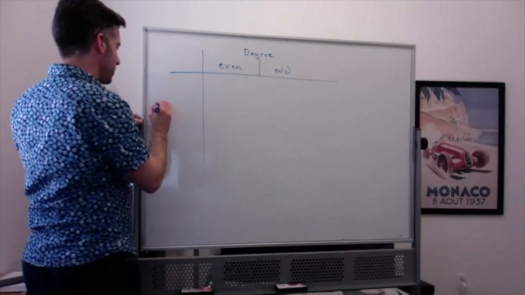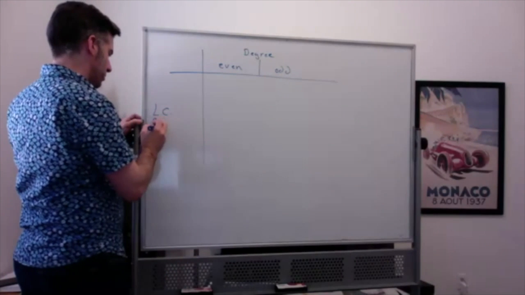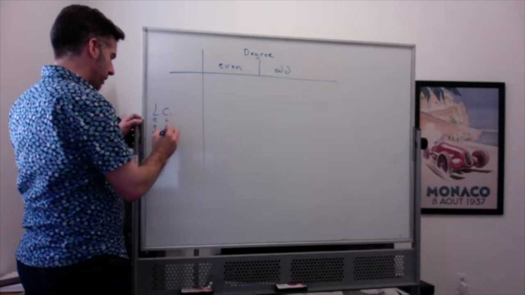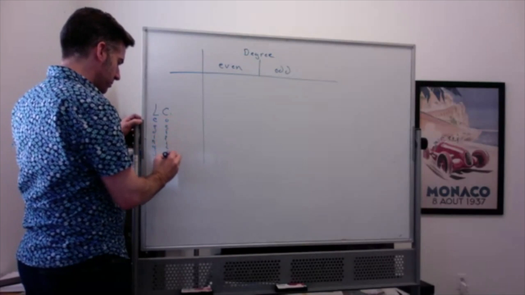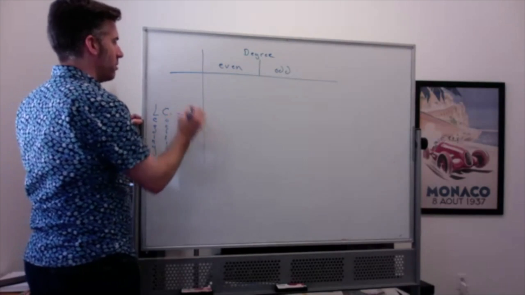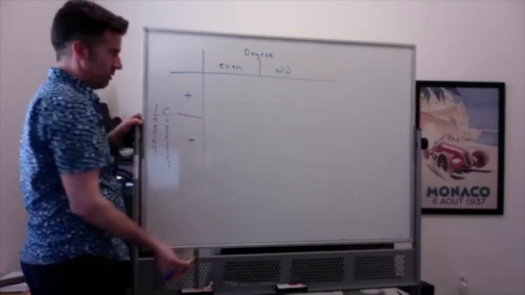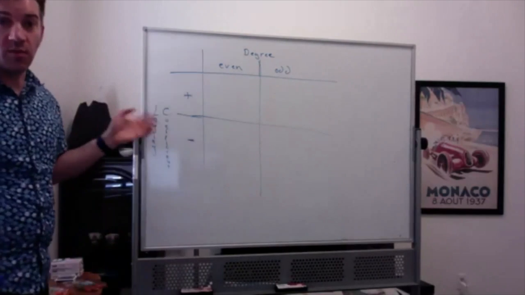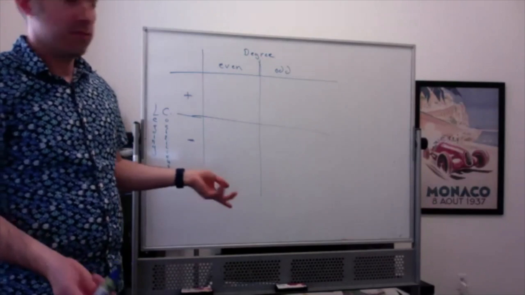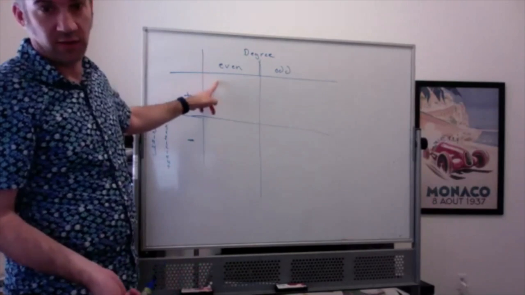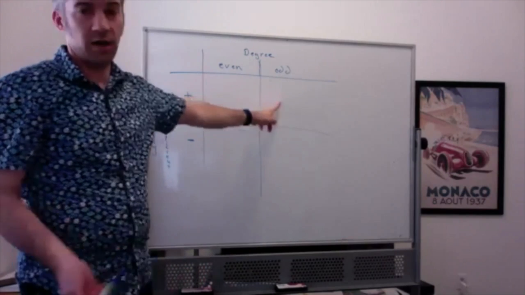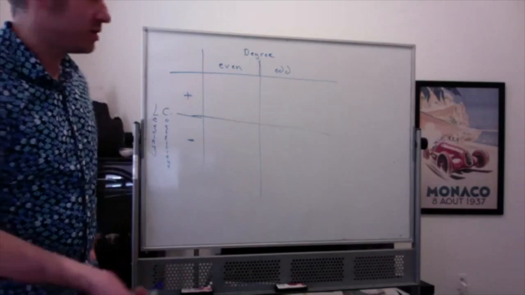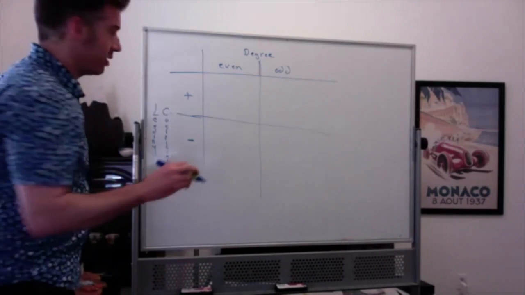And the leading coefficient, meaning the coefficient of the highest power of x, can be either positive or negative. It's got to be one of those 4 things: positive leading coefficient and even degree, positive leading coefficient and odd degree, negative leading coefficient and even degree, negative leading coefficient and odd degree.